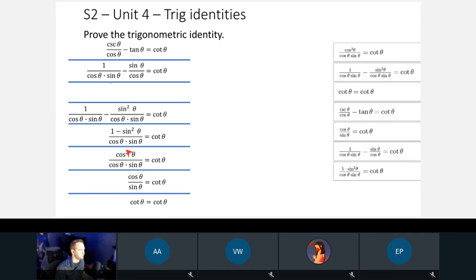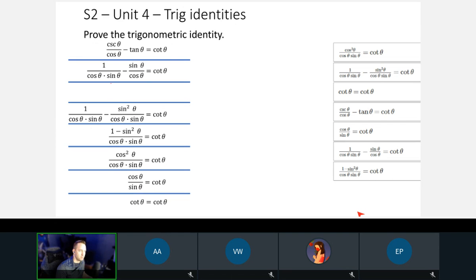Next, cosine squared theta over cosine theta: one of these cancels out with one of these, and you're left with a single cosine over your sine. And then from that identity sheet, we know that sine over cosine is tangent and cosine over sine is cotangent. And then that's it.